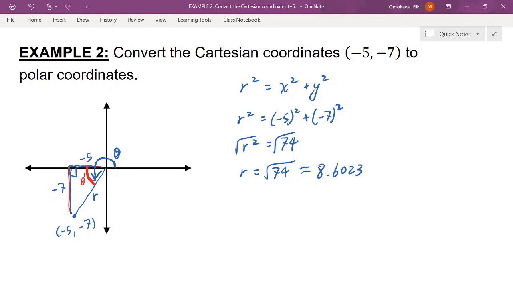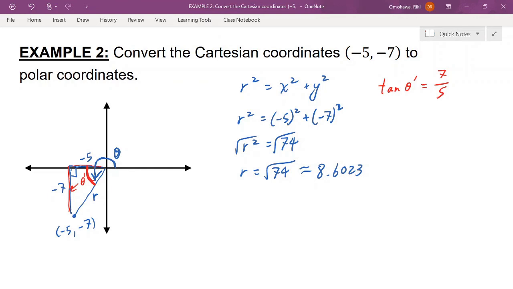And how would we use SOHCAHTOA to find that angle? Well, this 7 is opposite from the angle, and this 5 is adjacent. So we have tangent of this red angle is opposite over adjacent, so 7 over 5. And now how do we get theta by itself? We need to get that tan away, right?